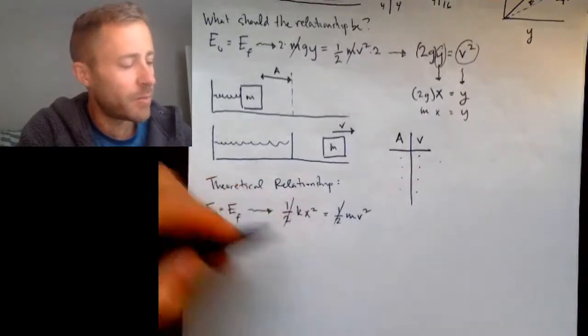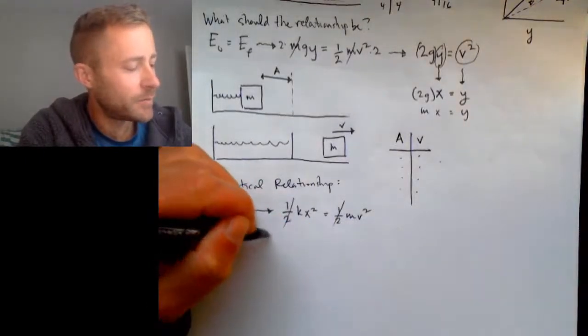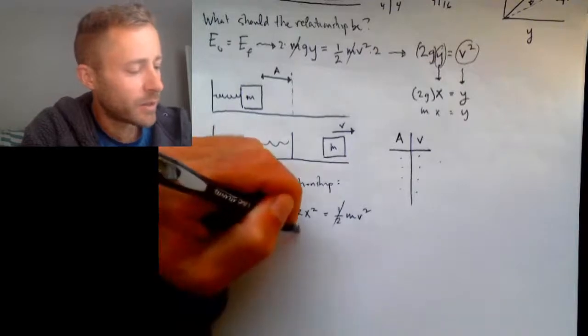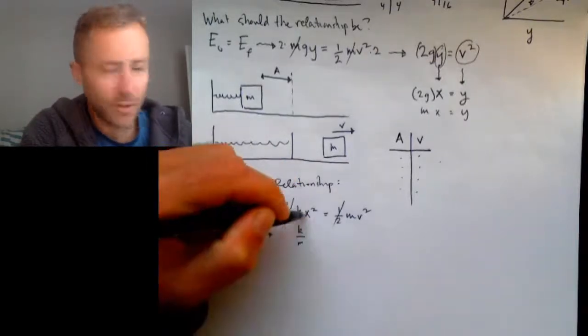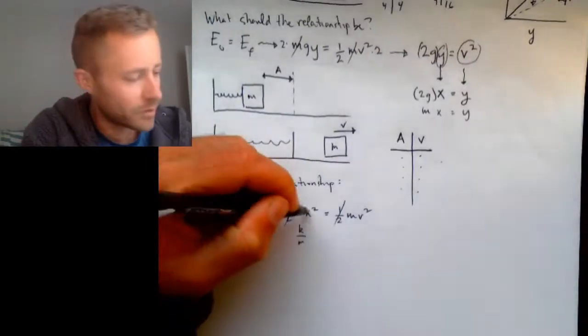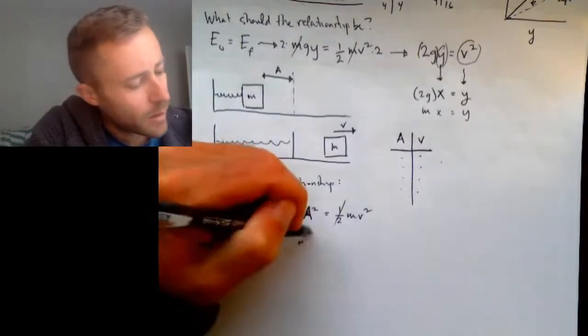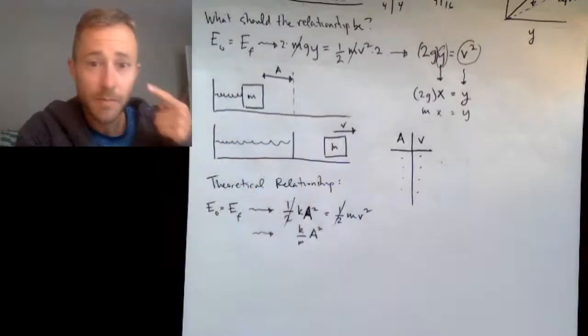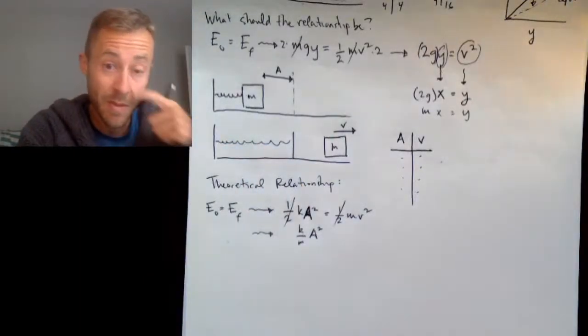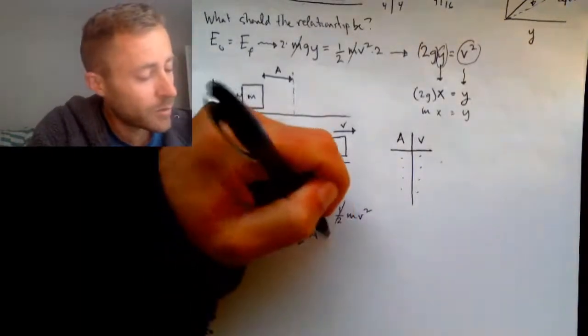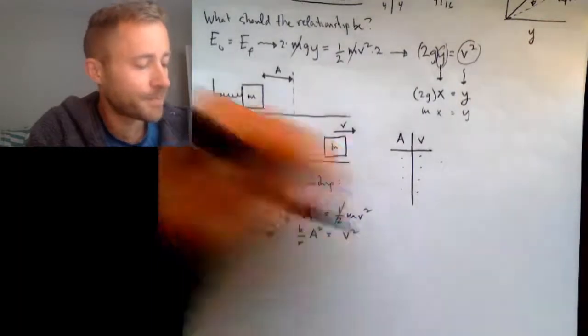And I'm going to divide both sides by m, and that gives me k over m. Oh, I wrote x here, but this is actually a, right? The amount compressed. a squared equals v squared.